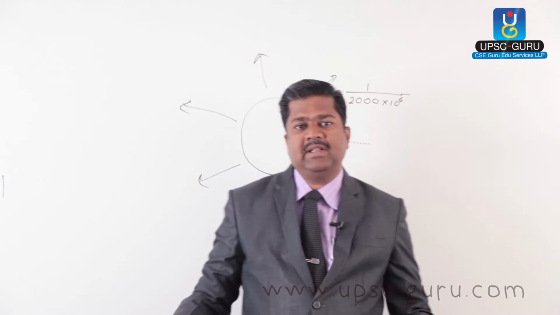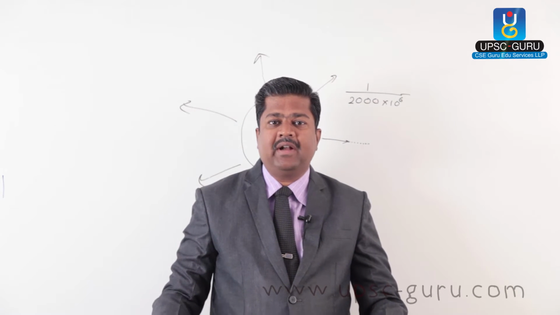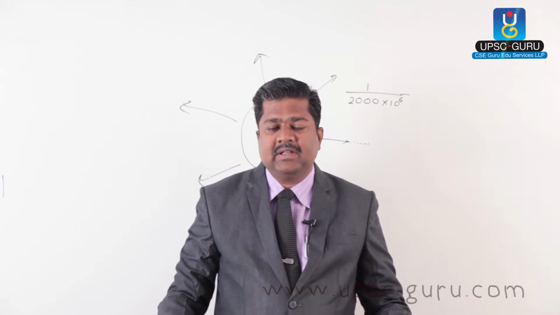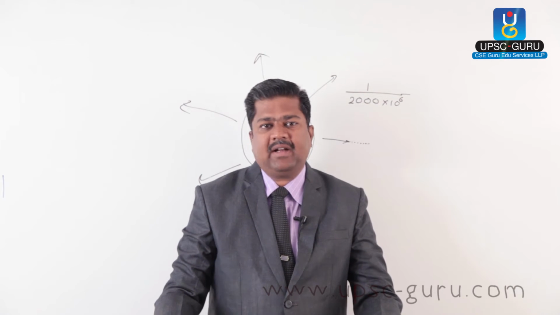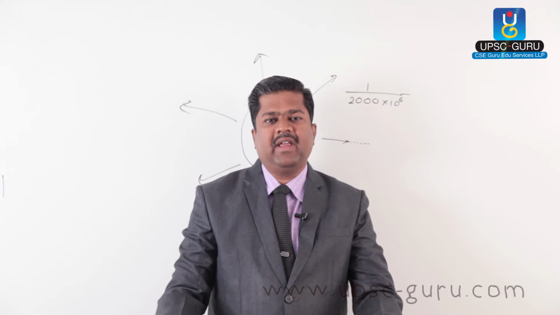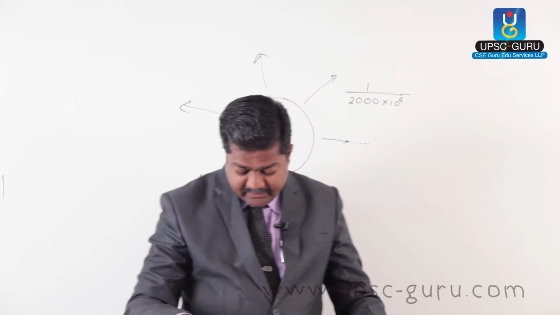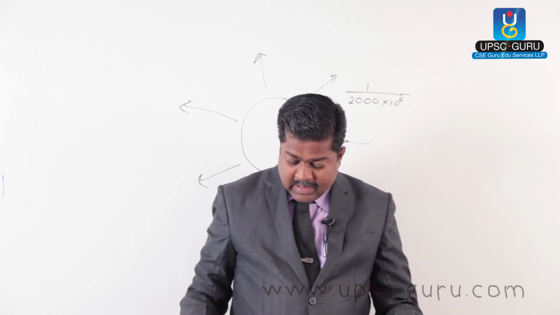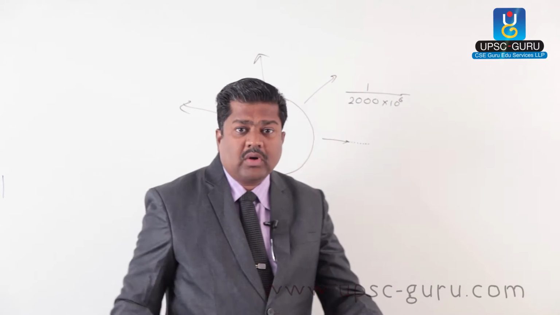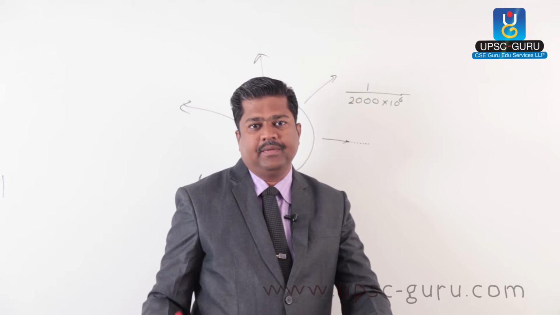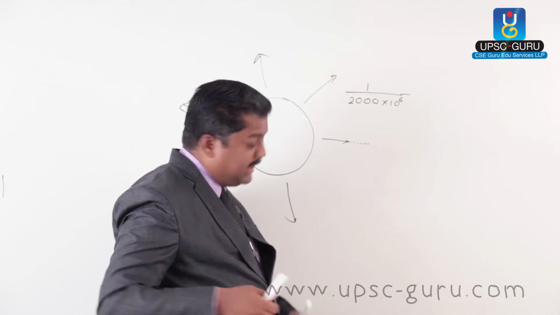So whatever energy Sun is emitting per minute or per hour or per second, suppose 100 units are emitted by Sun, then 100 divided by 2000 into 10 raised to 6 is the energy given to Earth. So this is very less. Now here we are using a concept for whatever energy is given by Sun to Earth.